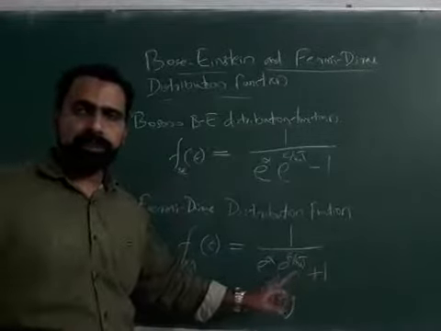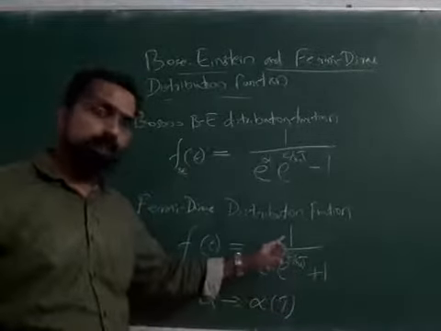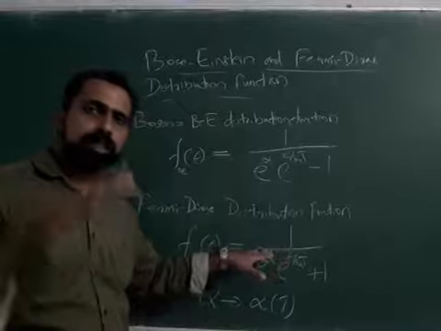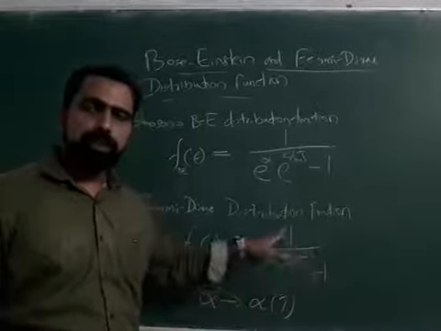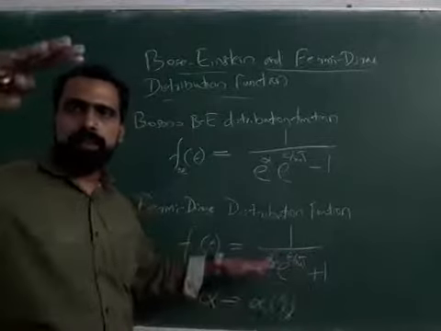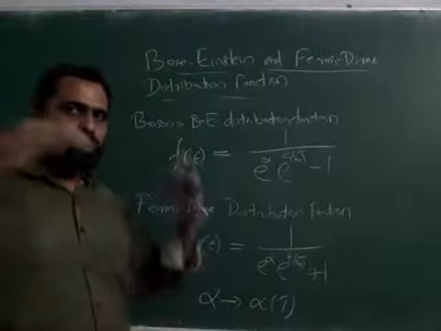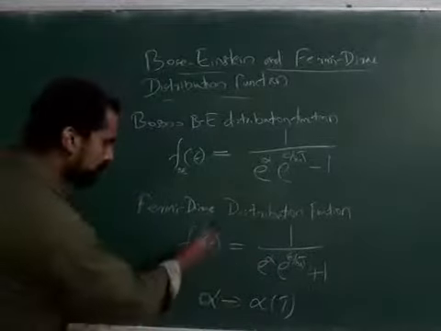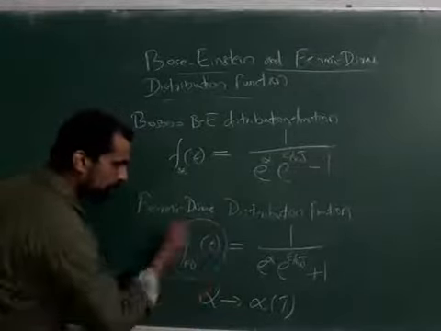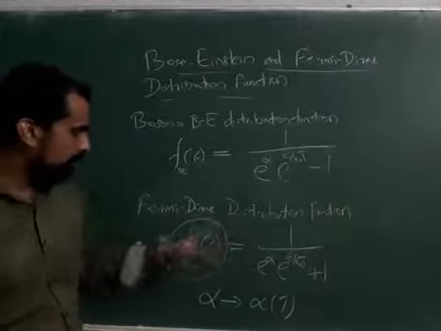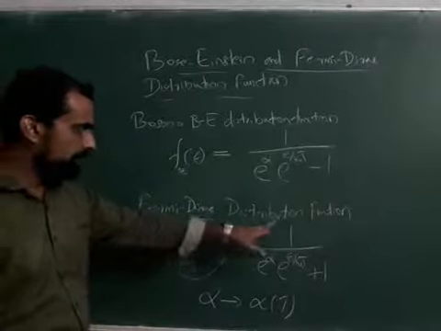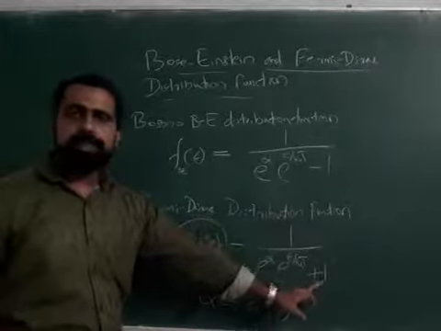If it has some value, it obviously becomes less than 1. Here there is some quantity plus 1, so 1 by that is always less than 1, and the maximum value for this probability is 1. That is why in the Fermi-Dirac distribution function you have a plus 1.